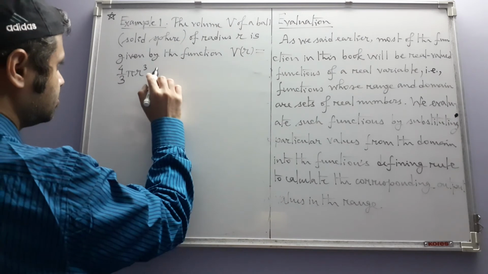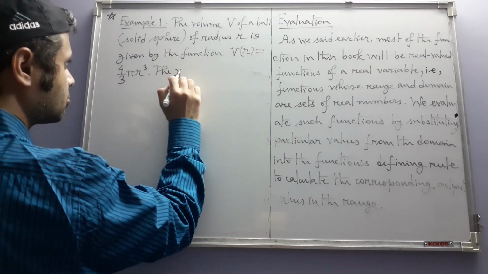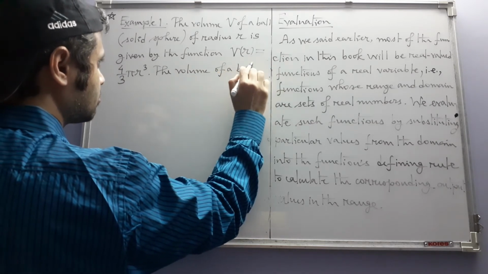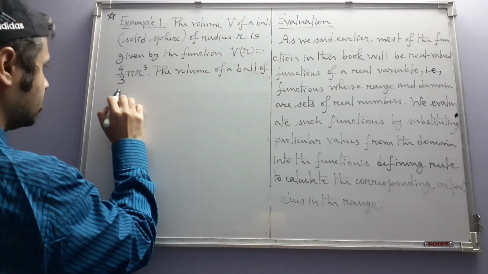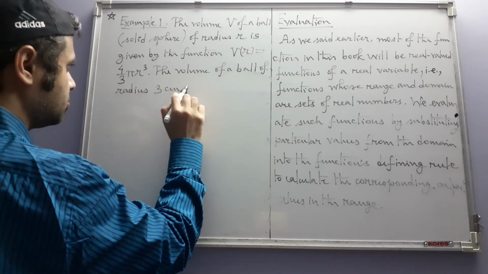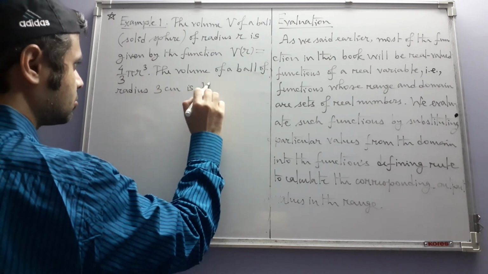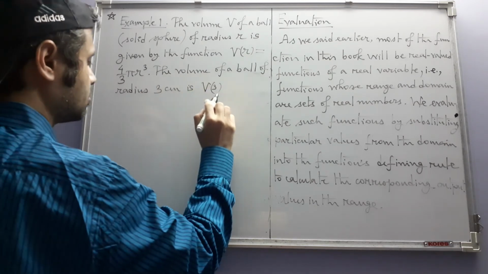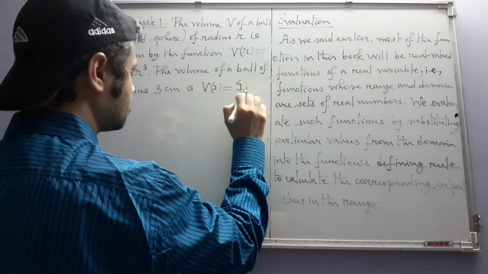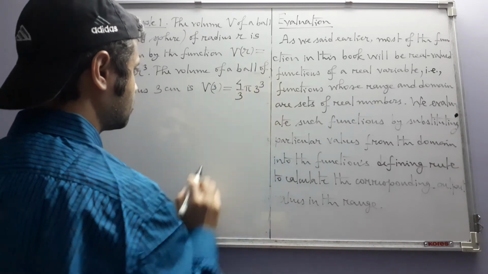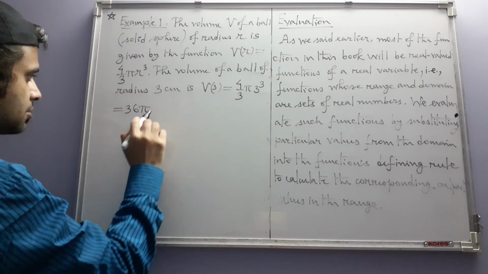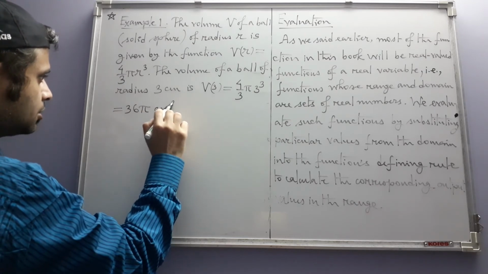The volume of a ball of radius 3 centimeters is 36 pi cubic centimeters.